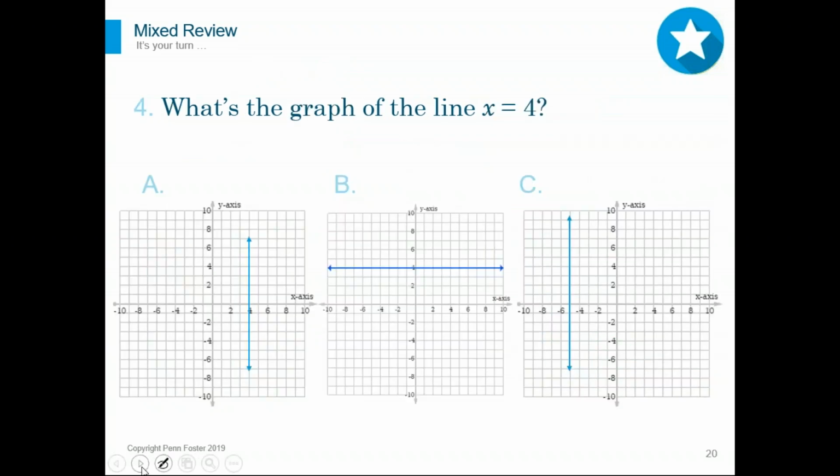Okay, let's move on to the next review problem. What's the graph of the line x equals 4? We don't see a y in this equation. This is a special equation. This is a special line. Is it a horizontal line or a vertical line to begin with? So we can eliminate some answers. x equals 4 means every point on that line will have an x equals 4, no matter what the y value is.